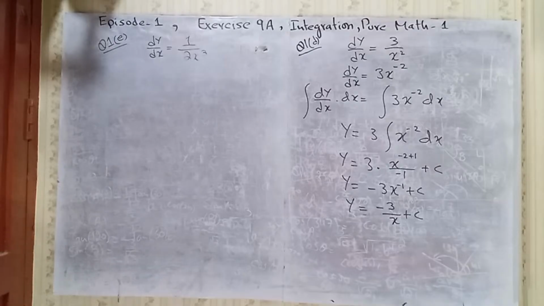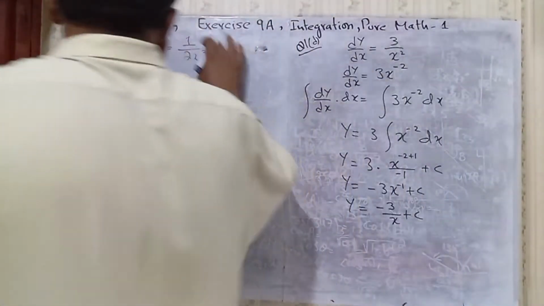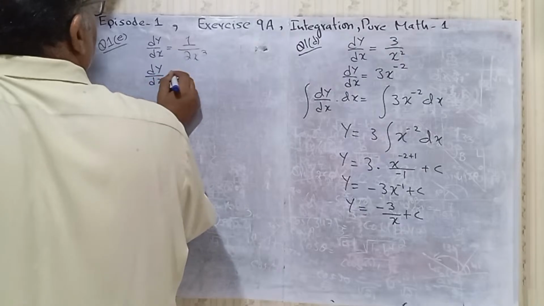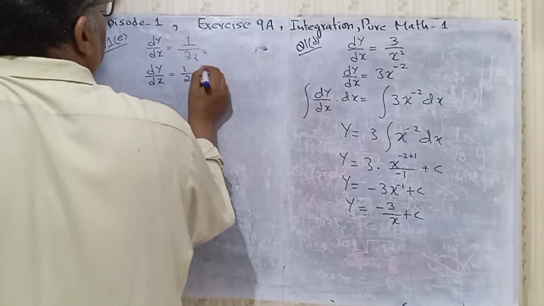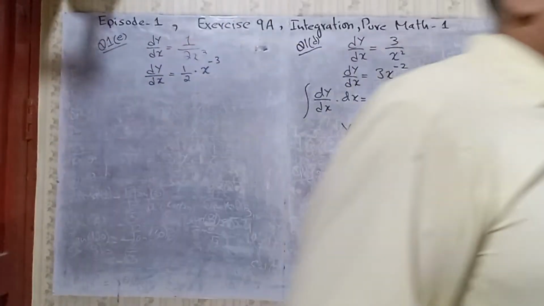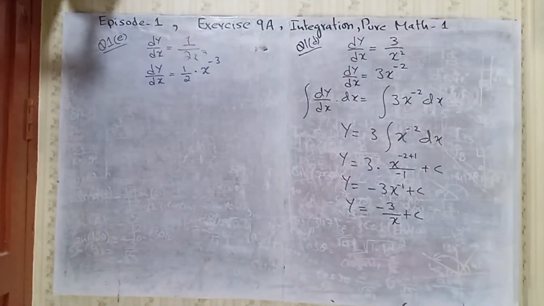Okay, so now what will happen? So I will bring it upstairs. Okay, so it will be dy by the dx equals to 1 by 2 into the x raised to power minus 3. Okay, now I will do the integration. I want to find the y in terms of x.